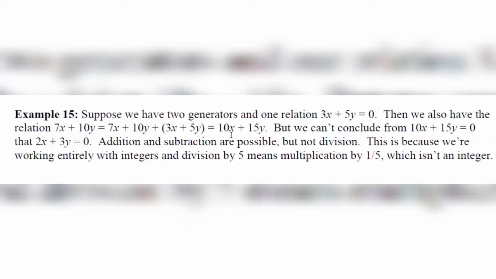Because in relations and generators, addition and subtraction are possible, but not division, because our constants belong to the integers. If we divide, we can get 1.5, which is a rational number, not an integer.